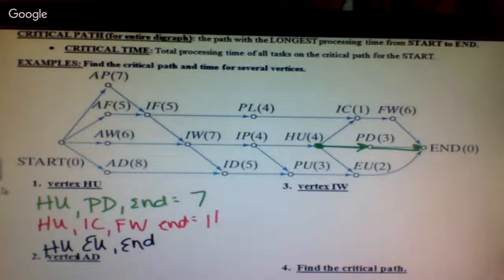If I add up the numbers from HU to EU to the end, I get a total of 6. So your critical path would be that middle one, from HU to IC to FW to the end. It's the longest. Your critical path always is the longest way from beginning to end. Okay? So, number 2 wants us to start way back here at AD.